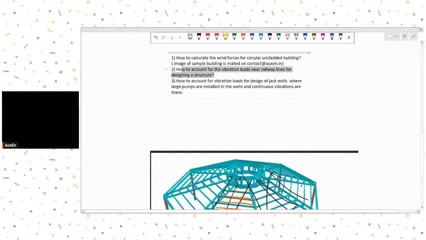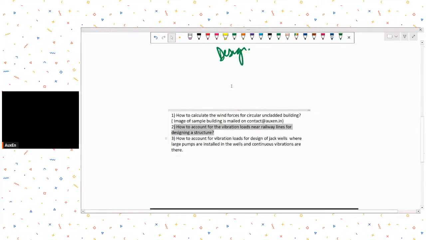His next question, Mr. Ketan Mahajan is asking, how to account for the vibration loads near railway lines for designing a structure. Now, I have been asked this question in the past, but in any of the practical projects, we have not faced such a situation. If you want an extremely technically correct answer, then you will have to find out the time history of the vibrations.